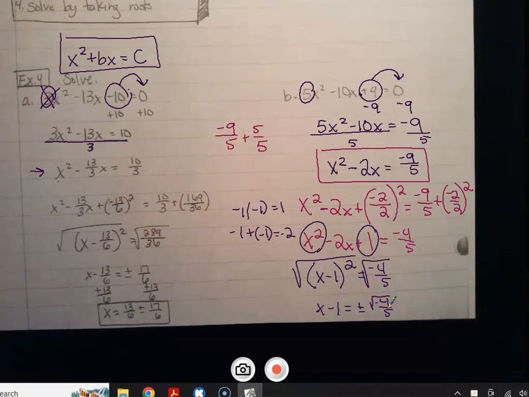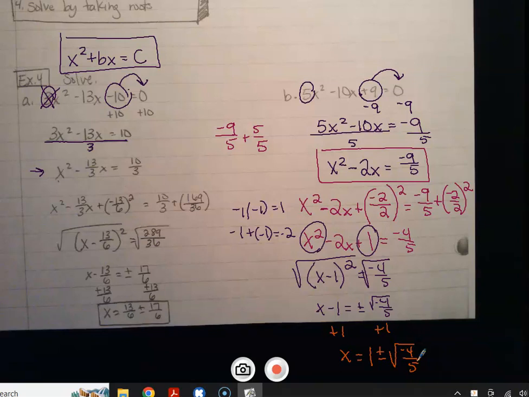Okay. You guys are doing awesome. Plus 1. So x equals 1 plus or minus the square root of negative 4/5. We need to simplify that radical. So we'd need an i.